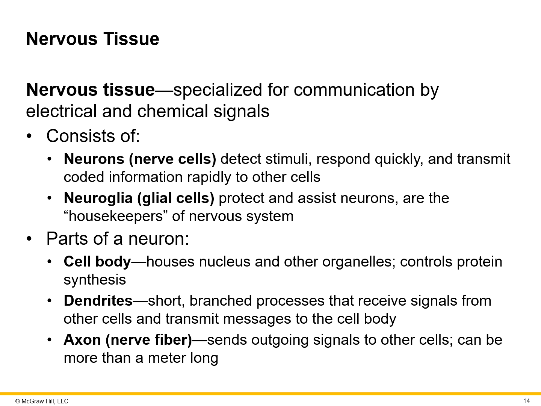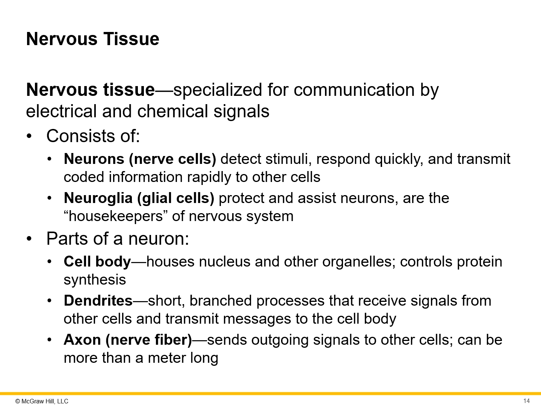So when it comes to the parts of a neuron, there are going to be three main parts. There will be the cell body that houses the nucleus and other organelles like the mitochondria and the endoplasmic reticulum. And this is where protein synthesis for the neuron is going to happen. Dendrites are these short branches that come off of the cell body and they receive information or signals from other cells.